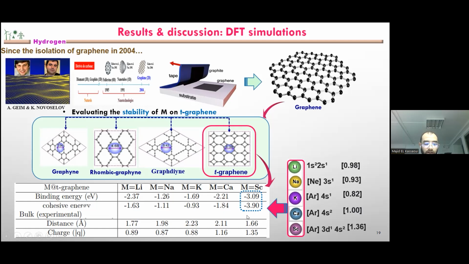This result shows that agglomeration does not occur in the case of lithium, sodium, potassium, and calcium, but it is possible for scandium.